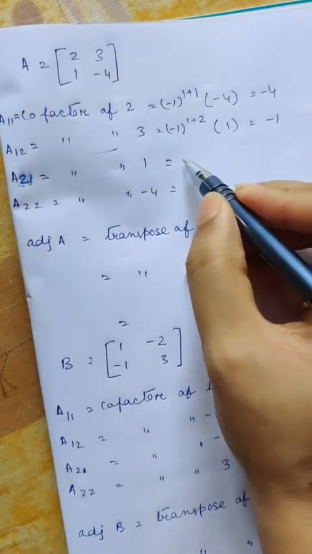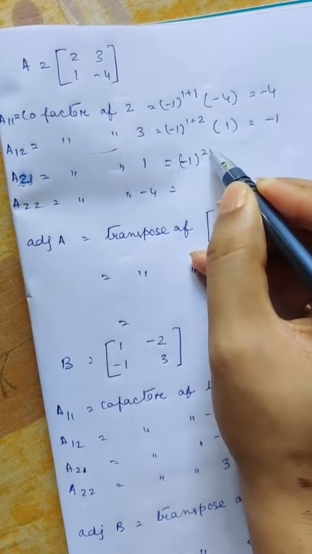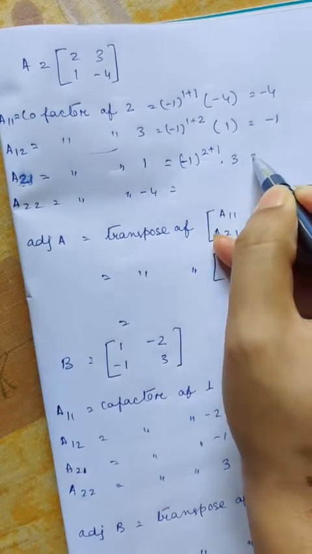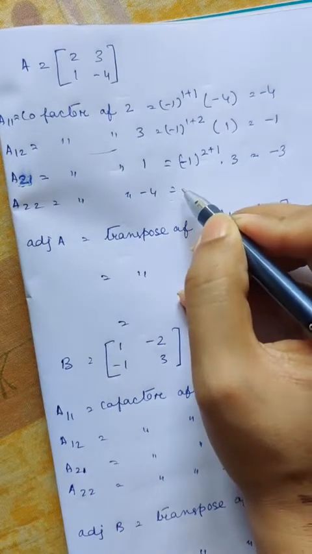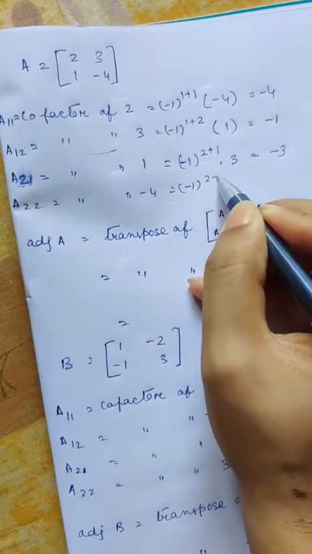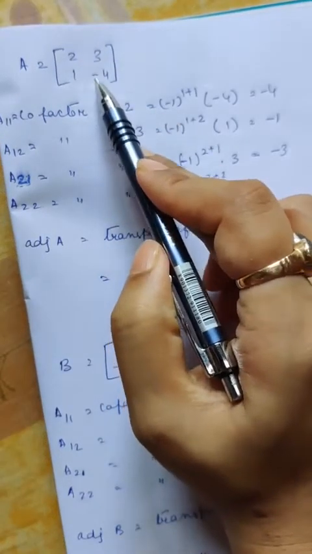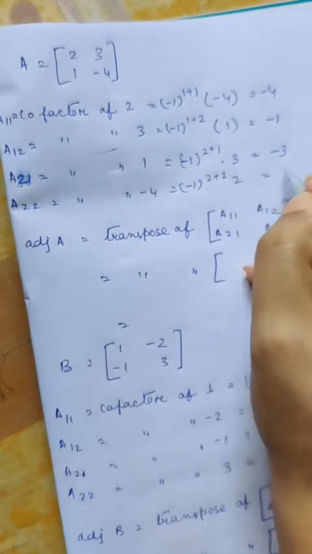Now for A21 we will write minus 1 to the power 2 plus 1 and we into 3, so it will be minus 3. A22 minus 1 to the power 2 plus 2, and we have to eliminate the second row, second column, so we will have this 2. So answer is 2.